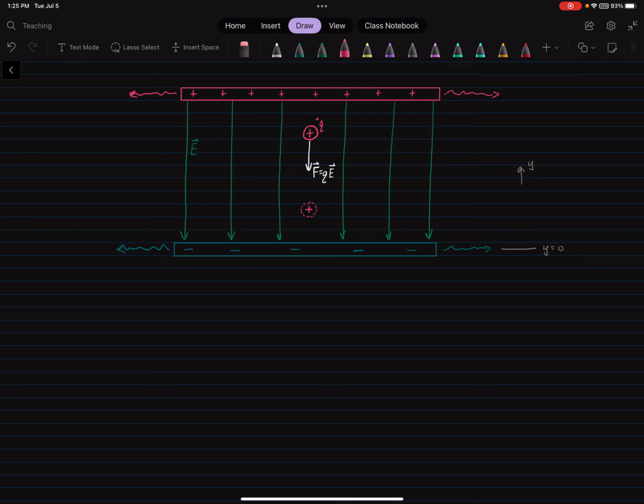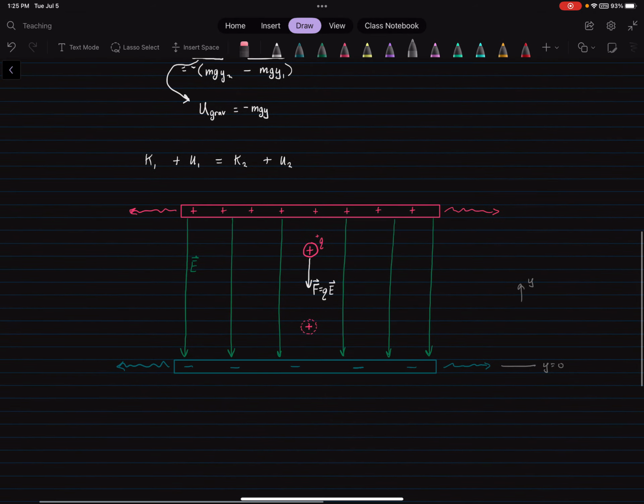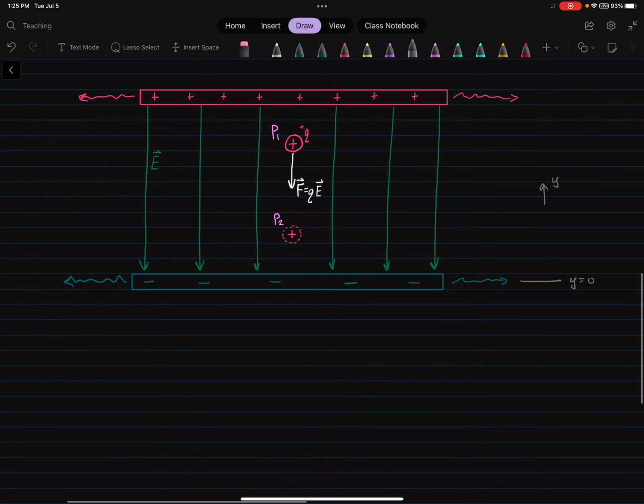We'll say it's going from point 1 to point 2, and therefore we have y vectors y1 and y2.